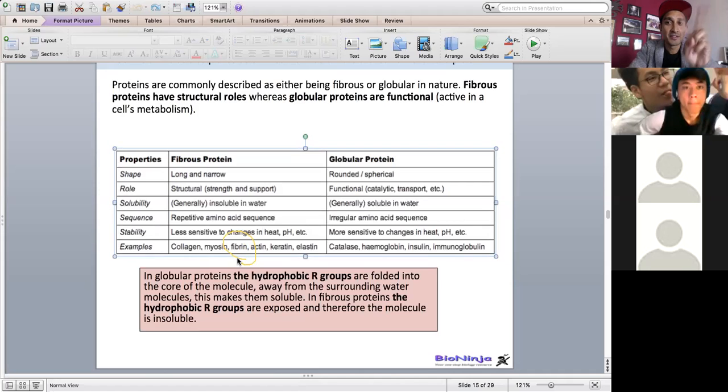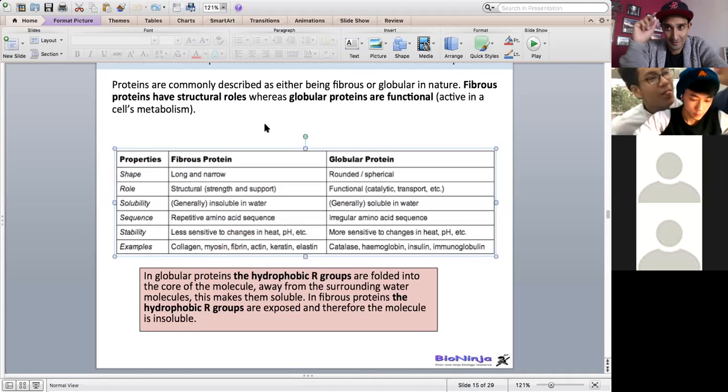Fibrinogen becomes fibrin, right, in blood clotting. Okay, so fibrinogen becomes fibrin.